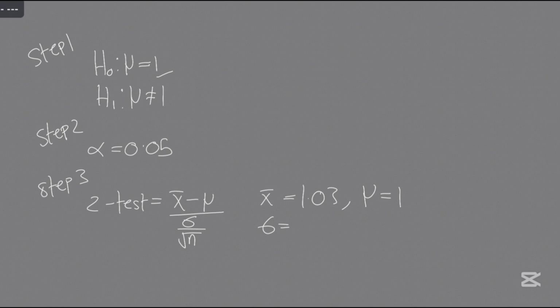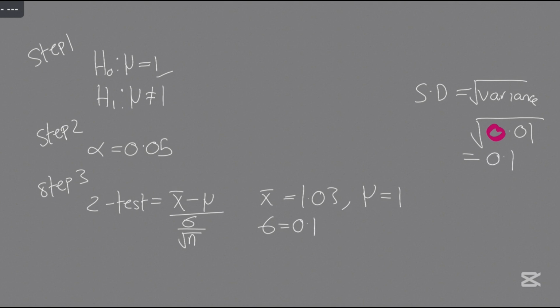Our standard deviation was not given, but our variance was given. Remember the formula for standard deviation is equal to the square root of variance. Since our variance is given as 0.01, we take the square root, and you get 0.1. So your answer for standard deviation is 0.1.